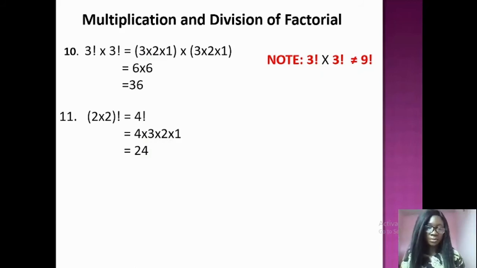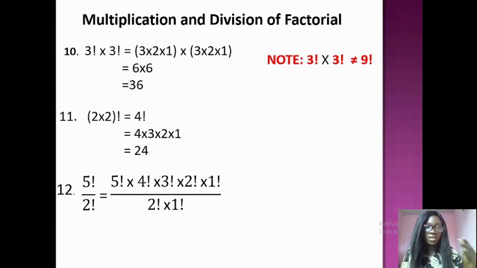So let's see that of division. Okay, division of numbers. So I have 5 factorial divided by 2 factorial. So 5 factorial, I'll have it instead of 5, 5 times 4 times 3 times 2 times 1 divided by 2 times 1.